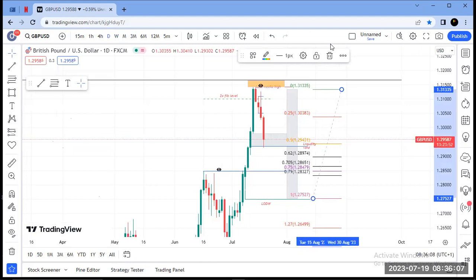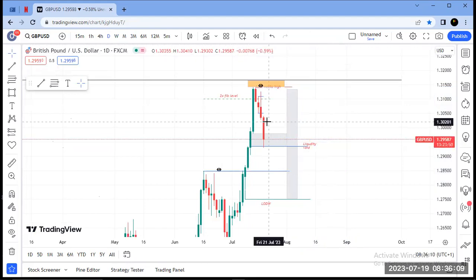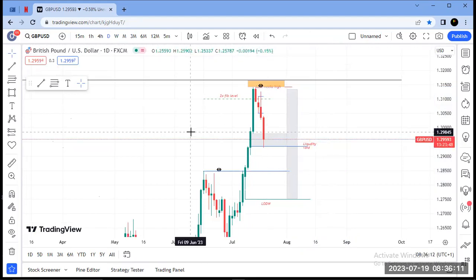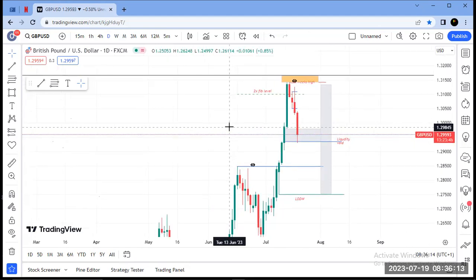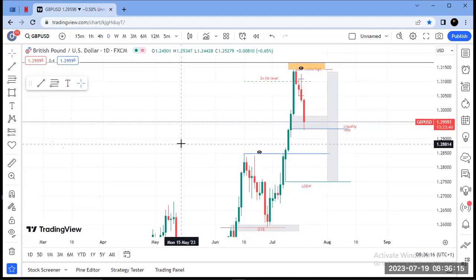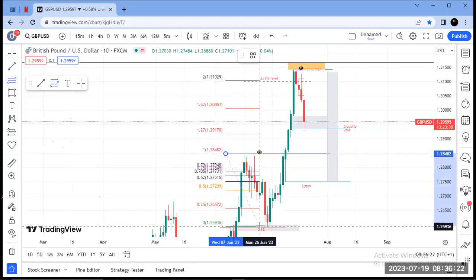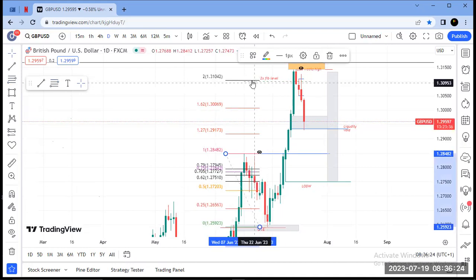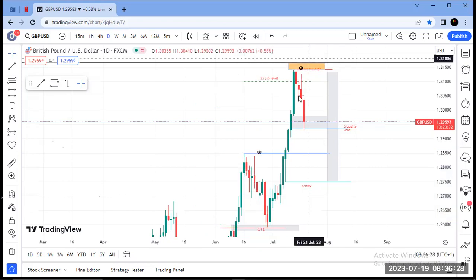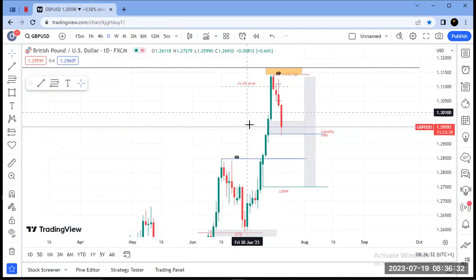We're already at half of that range for the GBP. But I don't want to go into this, not minding the fact that I've seen some confluences like here. If you put your fib here, you're going to know that this is 2 times our take profit objective, and we expect that the market should retrace from that point. But I want to wait for the dollar to do that before I engage on all these things.